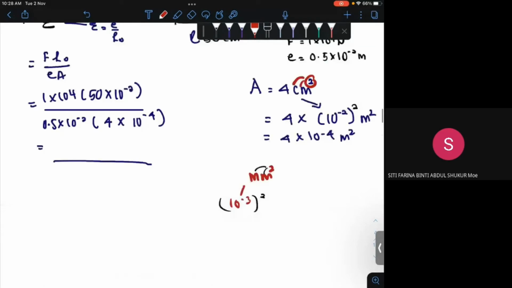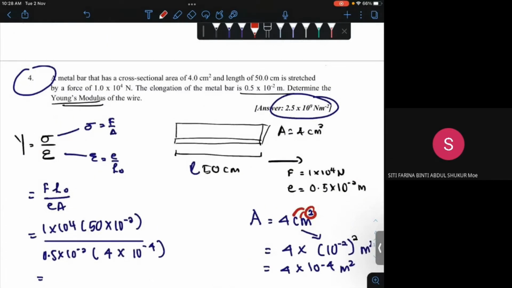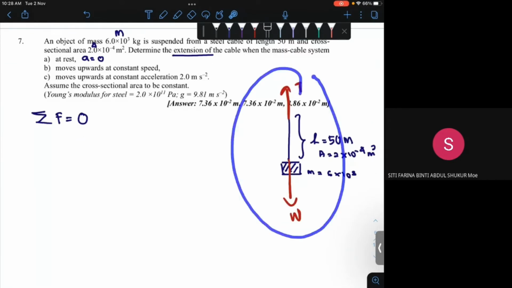Kalau kamu tengok dalam case soalan ini, dia kata, for example, question 4 tadi, this much of elongation occur when you apply this much of force. So, kena ada force being applied in order for an object to elongate. Dalam kes ini, kita ada 2 jenis force yang berlaku serentak untuk menyebabkan elongation yang kita nak cari ini.